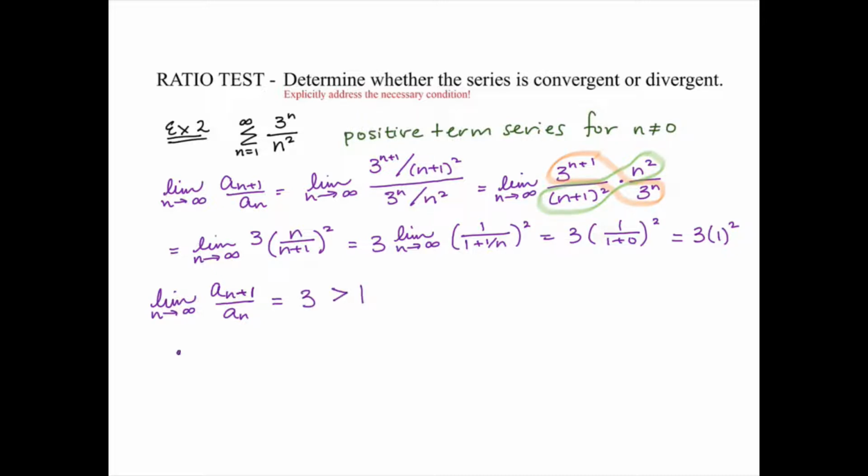And therefore, my infinite series from 1 to infinity of 3 to the n over n squared diverges by the ratio test.